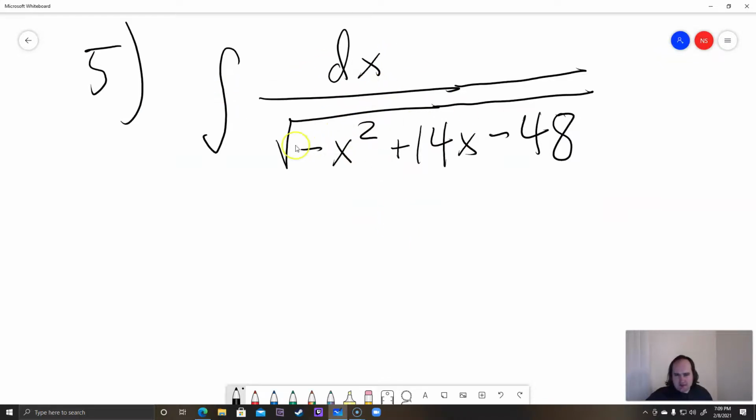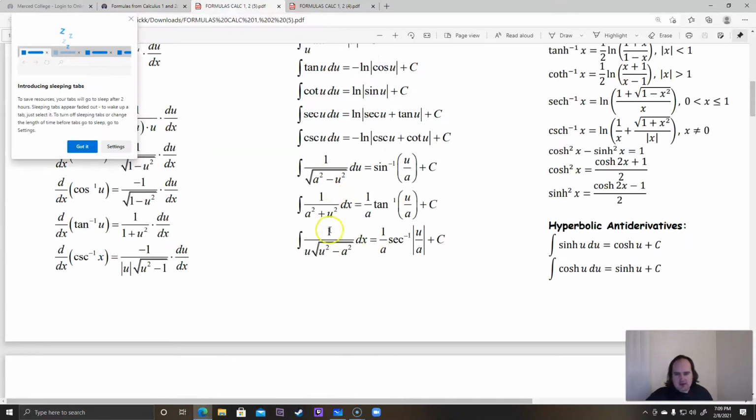Well, let's see. We have a square root on the bottom, and then we have a squared inside of the square root. So looking at these forms, I would say that it's closest to this first one. Now, it's not like the third one because we don't have a variable outside of the square root.